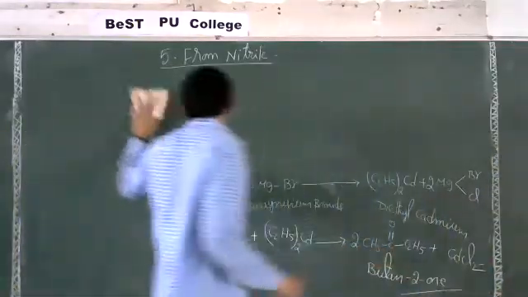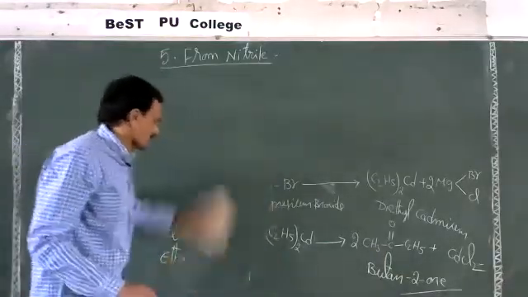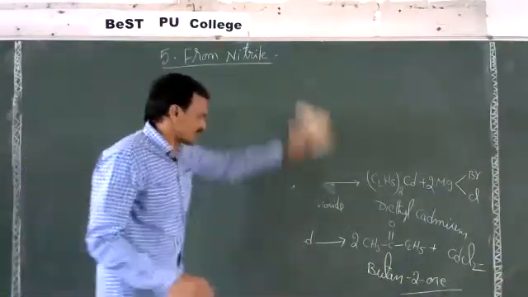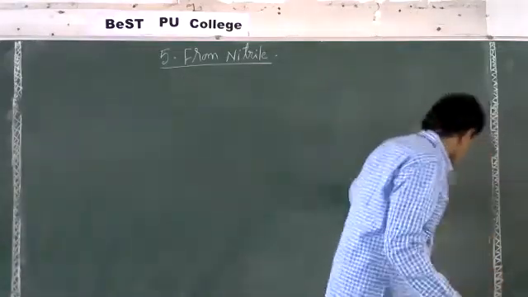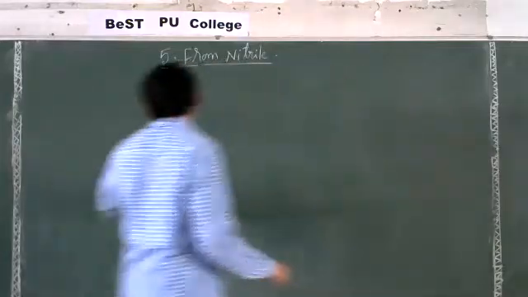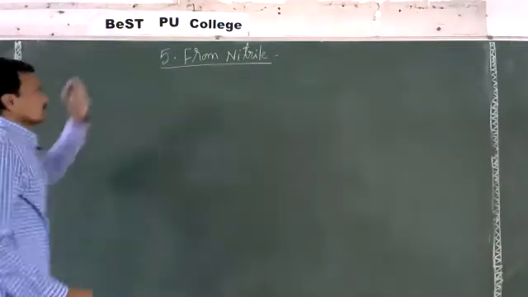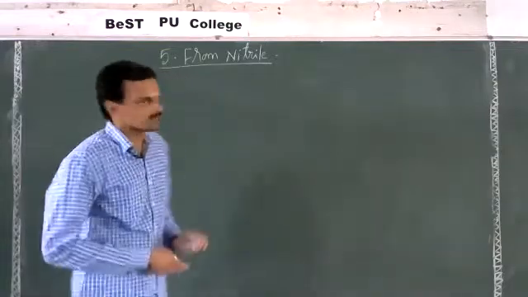So what is a nitrile? Which functional group is called a nitrile? CN. The cyanide functional group is known as nitriles. So from cyanides we are going to produce aldehydes and ketones here. Right. In that, the first one is preparation of aldehydes from nitriles.